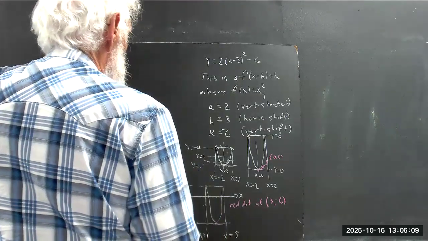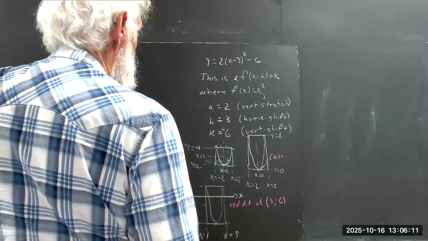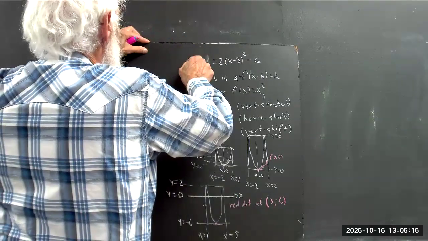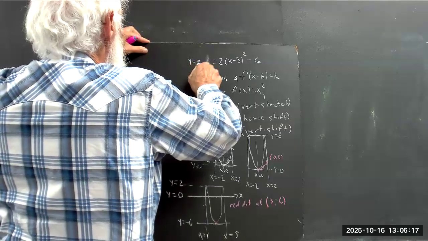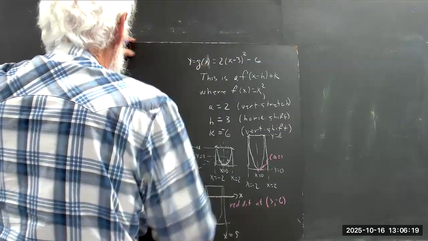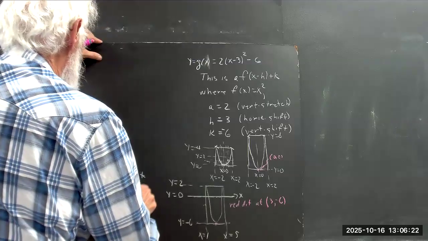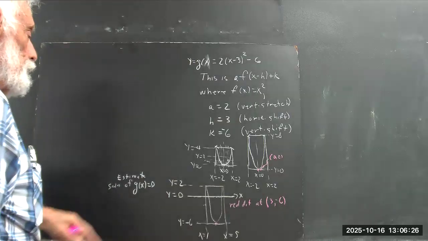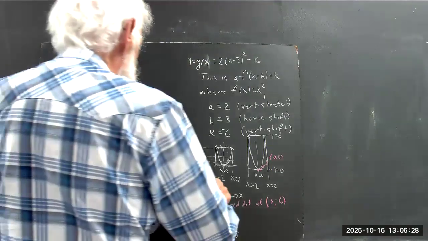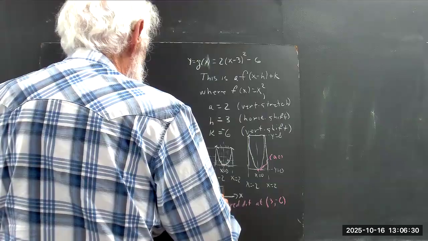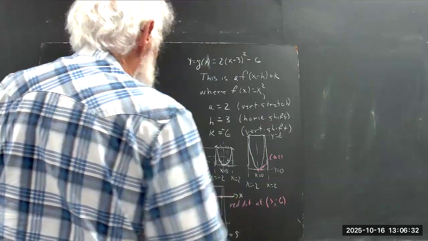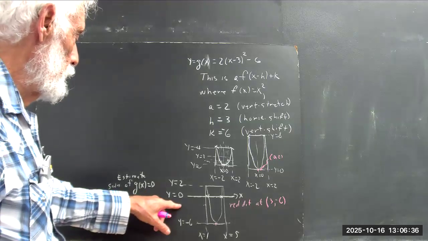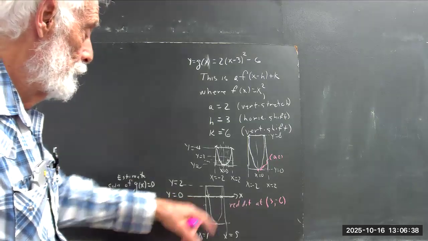We're going to call it g of x. Matter of fact, I'm going to go up here and call it g of x at the beginning. Solution of g of x equals 0. Well, right here are the points for y equals g of x equals 0.